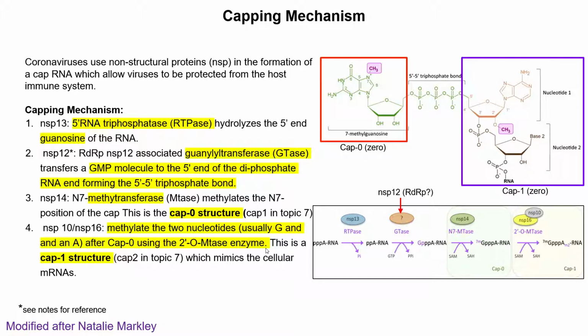Then the NSP14 contains the MTase, which methylates the N7 position of the cap, and this will form the cap 0 structure. Then NSP10 and NSP16 will form a complex and methylate the two nucleotides, which are usually G and A, after the formation of cap 0 using the 2' O MTase enzyme, and then this will be the cap 1 structure, which mimics the cellular mRNAs, which helps it to enter.